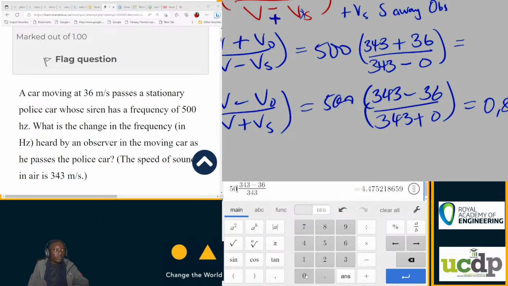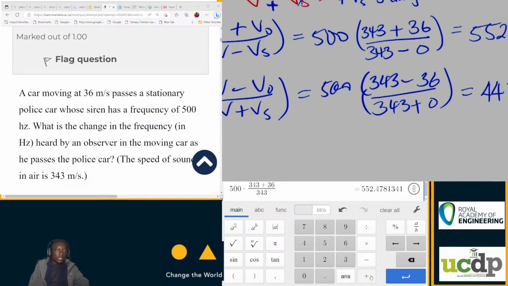So we can have 500 there. Multiplying this gives us 0.895 times 500 is actually 447.5 hertz. Then the other one is when we have positive there, over 343 times 500, which gives us 552.48 hertz.